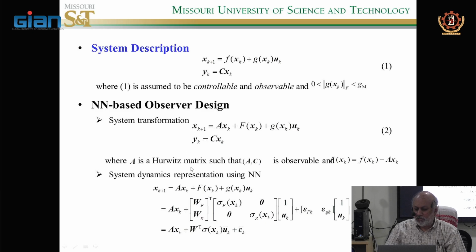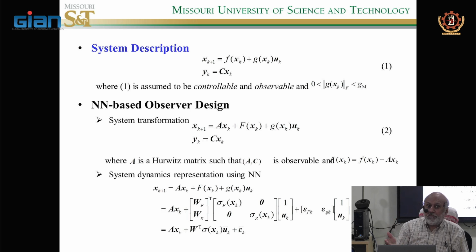Once I get it, then A is selected such that it's Hurwitz. This is not Hurwitz, actually this is a typo. Discrete time, what is it called? In continuous time, when the system is stable, all the eigenvalues are on the left half plane, and we call that a Hurwitz matrix. In discrete time, what is it called?